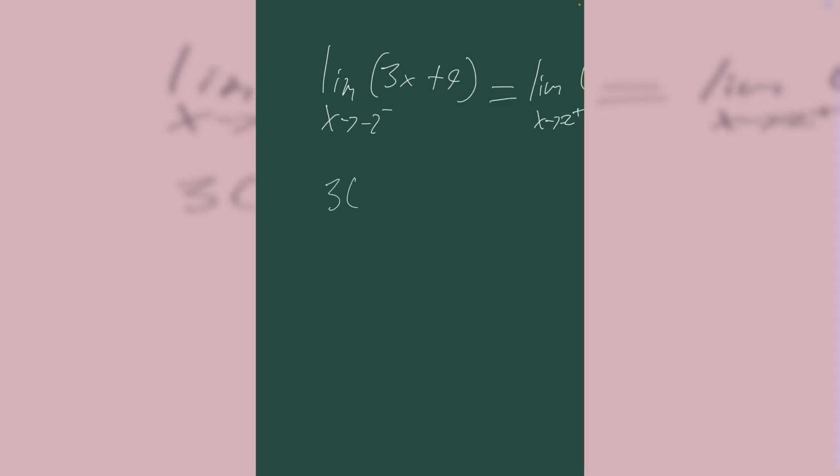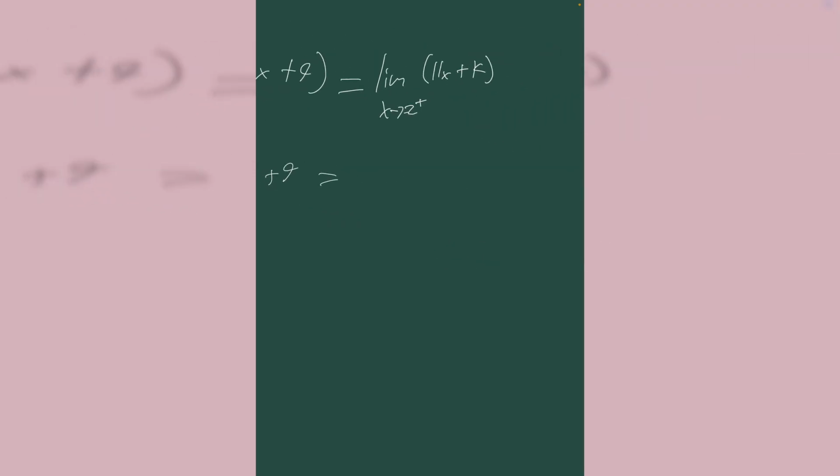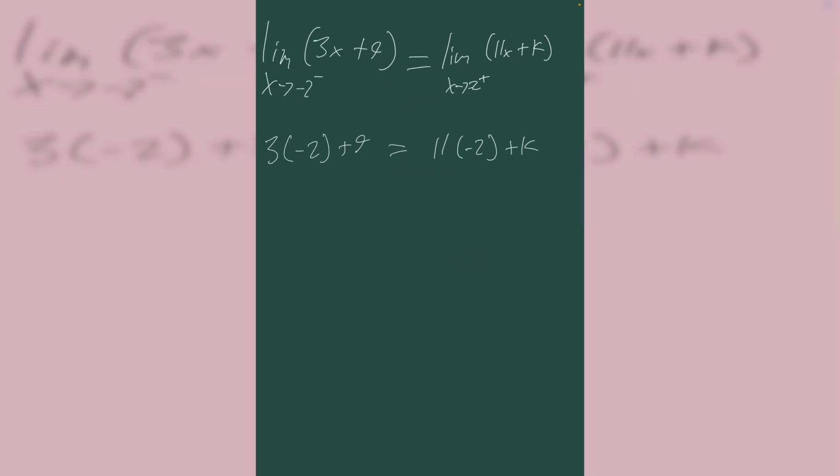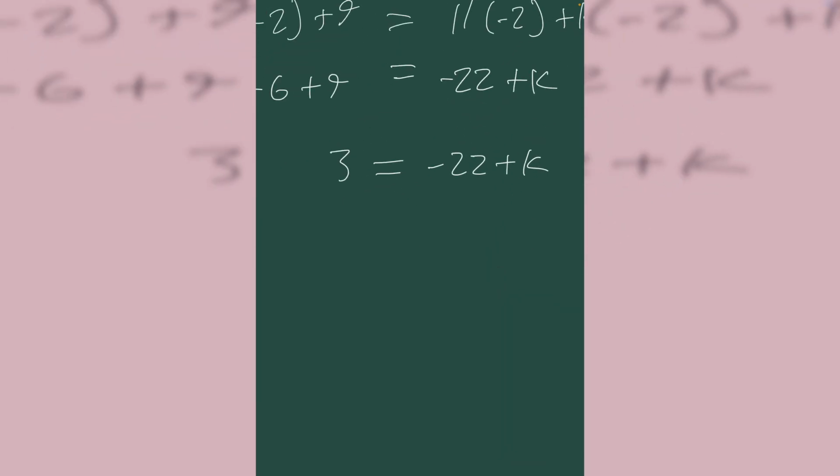So this will be shown as 3 times negative 2 plus 9 is equal to 11 times negative 2 plus k. This is going to be negative 6 plus 9, and on the other side, negative 22 plus k. Negative 6 plus 9 is going to be 3. And then we're going to make k be by itself by getting rid of negative 22, by adding positive 22 on both sides. So 25 is equal to k.